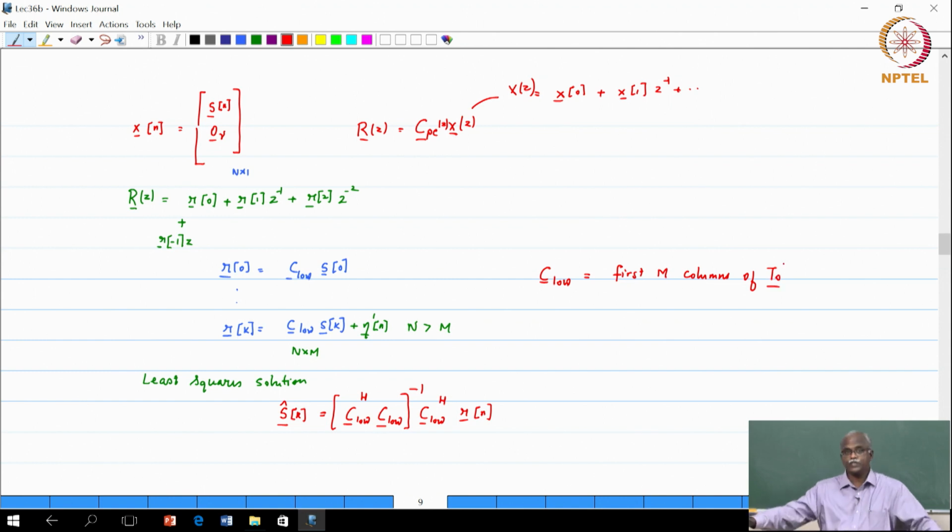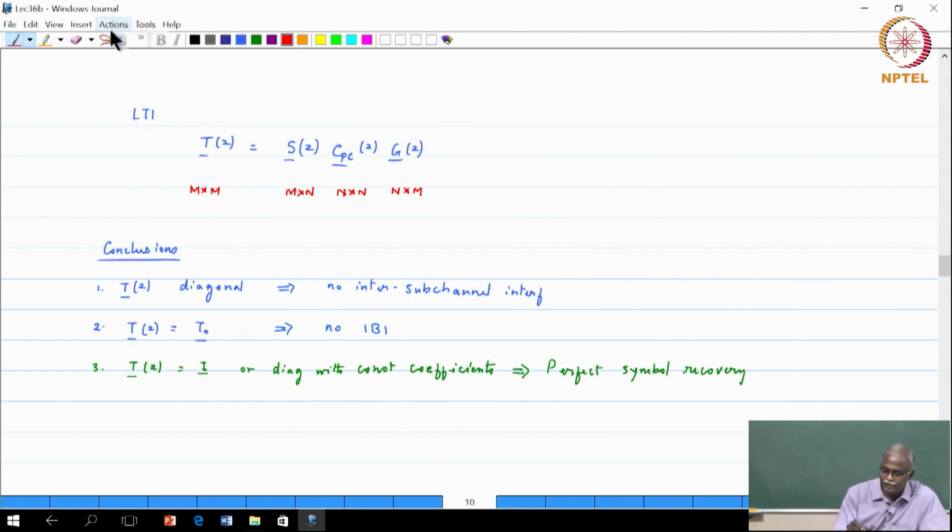All the other terms got killed because of the 0 padding. So this is the framework that we derived yesterday. I hope you are completely comfortable with this representation. So maybe it is good for us to do a block diagram that actually implements this.